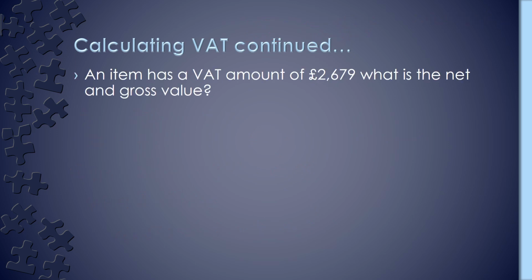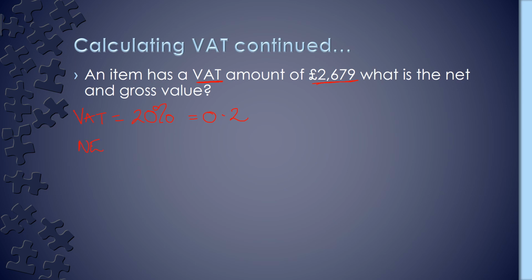So an item has a VAT amount, so we're just talking about VAT amount here, of 2679. What is the net and gross value using that VAT amount? Okay, so our VAT is going to be our 20% VAT rate.